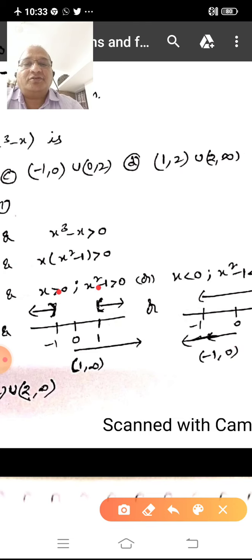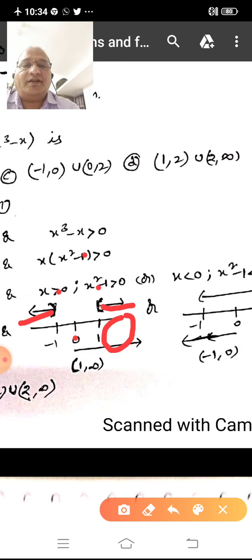So that's why here x greater than 0, this one, and x square minus 1, it is an expression. X square coefficient is positive, total expression is positive, opposite sign, therefore 1 to infinity, minus 1 to left side, minus infinity. The common points here are 1 to infinity. See here, 1 to infinity I kept open because it is strictly greater than 0.